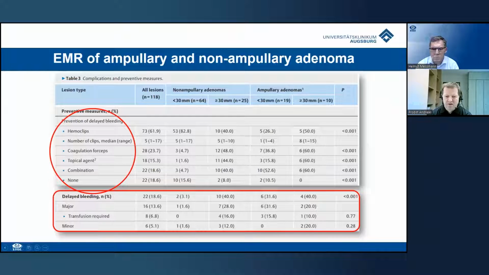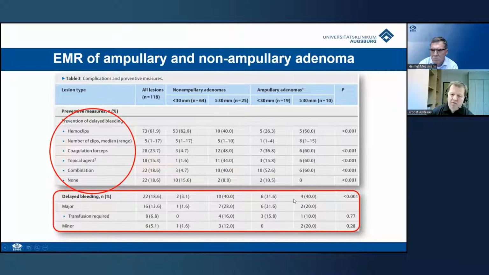And when we look at the different lesions, we can see the delayed bleedings mostly occur in non-ampullary adenomas when they are larger than 3 centimeters. It's 40% in this study, and in non-ampullary adenomas and in ampullary adenomas.